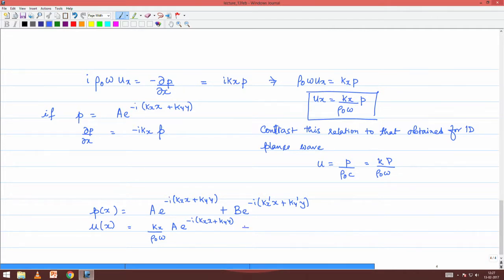That should be easy. That gives us k x prime by rho naught omega, B e to the power minus i k x prime x plus k y prime y. Now, what we need to enforce is the condition at x equals 0.